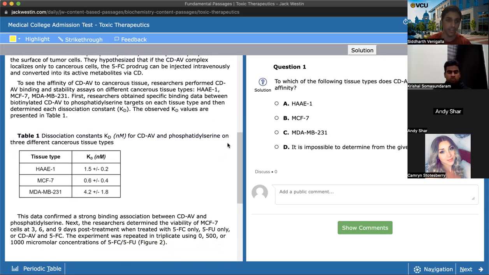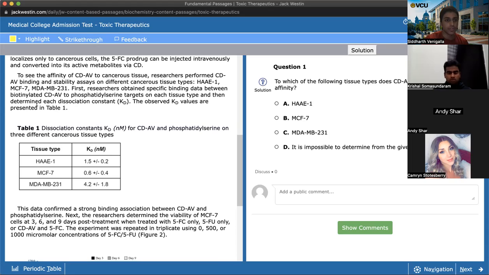So we want to see if that CD-AV complex actually binds to the cancer cells, right? So they performed binding and stability assays. An assay, you can just think of as another term for an experiment. They tested the binding on 3 different cancerous tissue types: HAE1, MCF7, MDA-MB231.